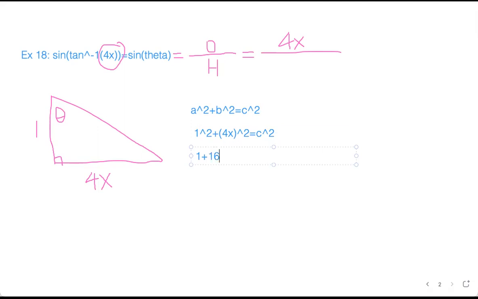16x squared. Good, 16x squared. I'm so glad that you remember to distribute that square there, right? And we're looking for c squared. So how do we get c all by itself now that we have c squared?